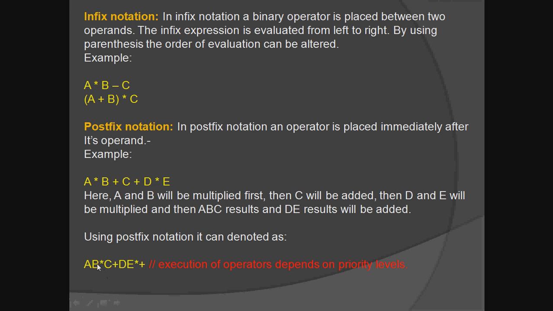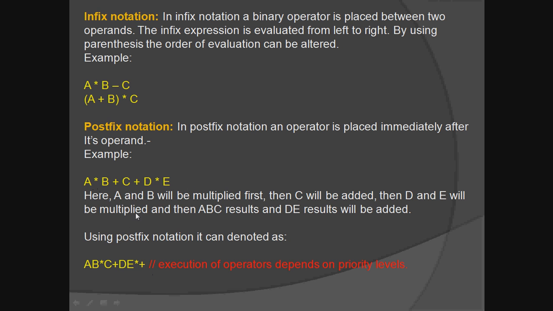You got it? And since after we multiply a and b we have to add c, the operand is written first and then the operator. It is not written like a b into plus c, but a b into c plus, because as the definition says, an operator is placed immediately after its operand. So that is the difference between infix notation and postfix notation.